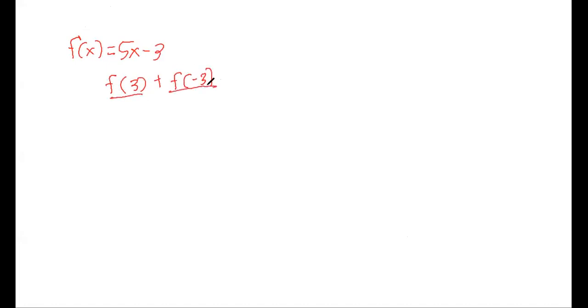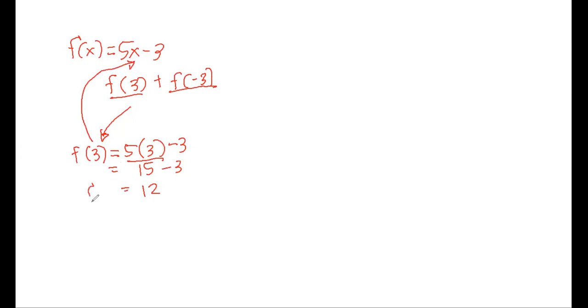These are two functions. So first, we solve for f of 3. We simply substitute 3 to the value of x. So we have 5 times 3 minus 3. 5 times 3 is equal to 15. Minus 3, the answer is 12. So f of 3 is equal to 12.